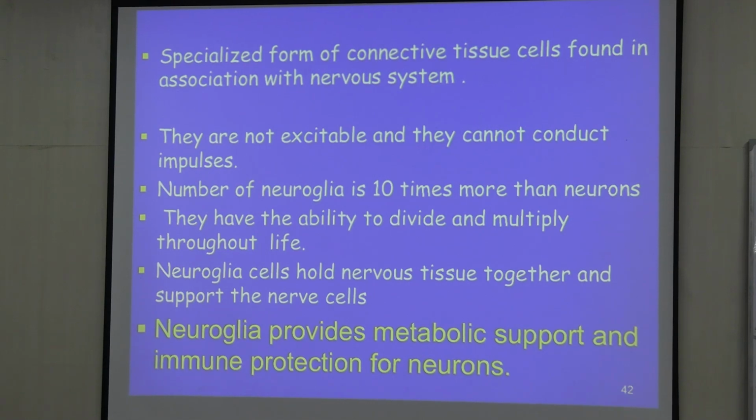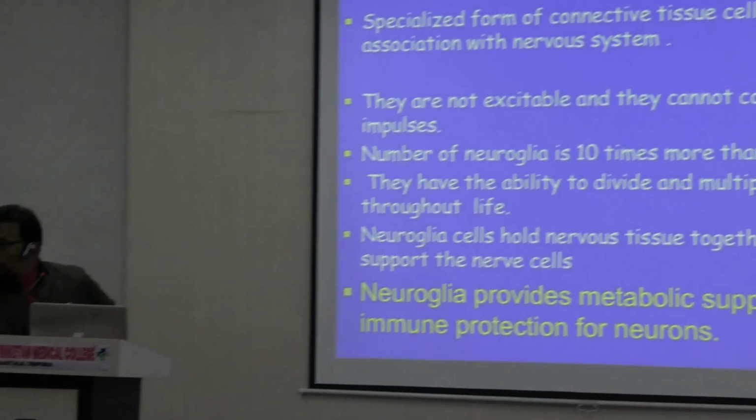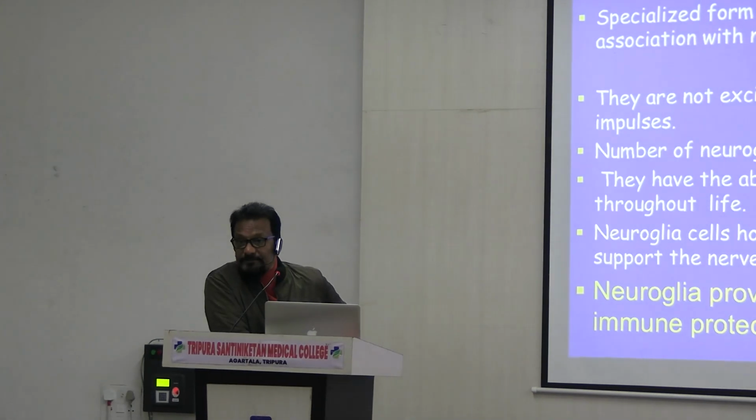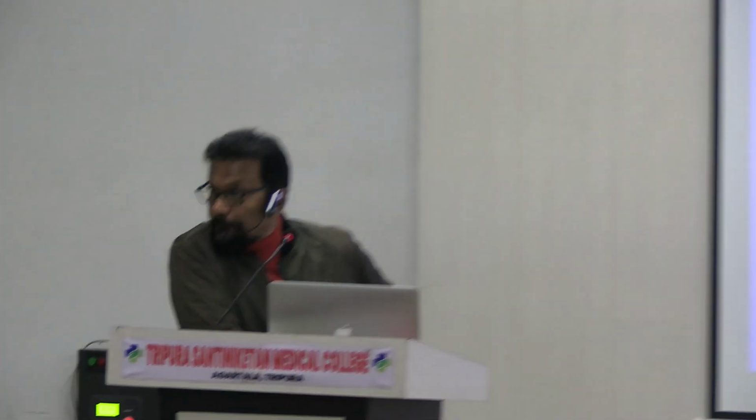Yesterday we told the number of neuroglia cells is more than 10 times the number of neurons. Neurons have no ability to divide since they do not have centrosome.